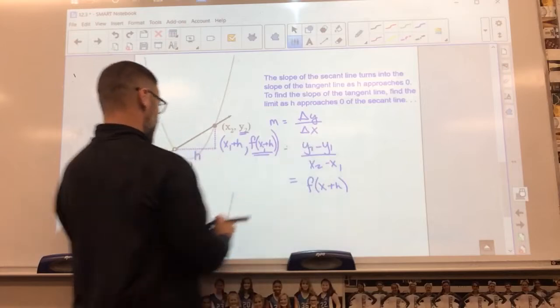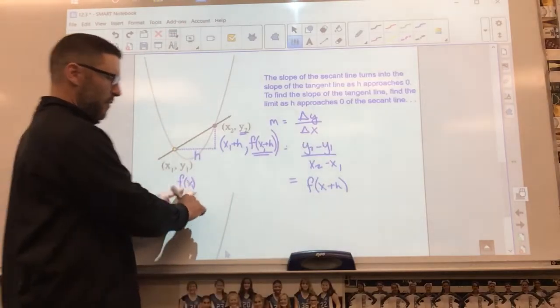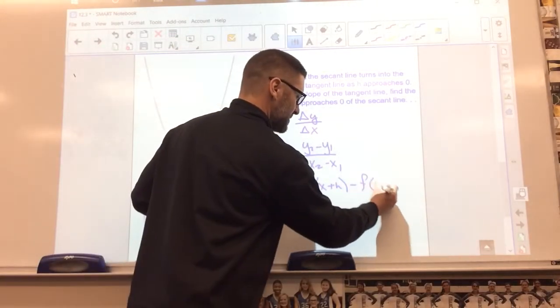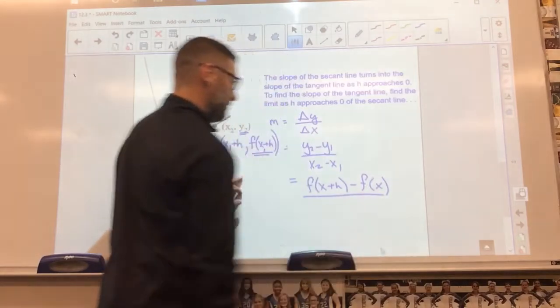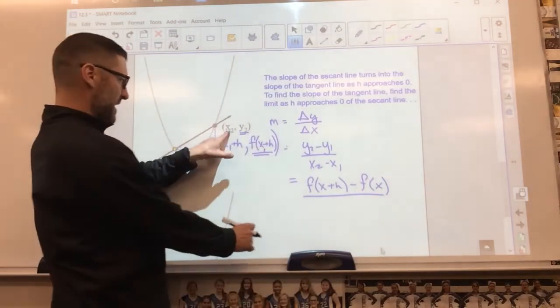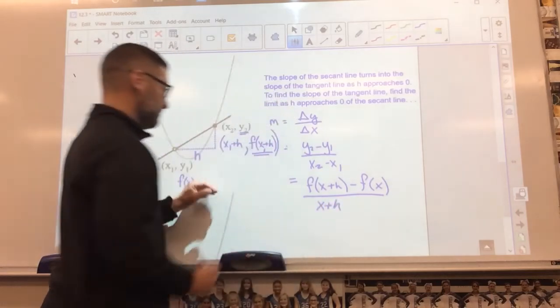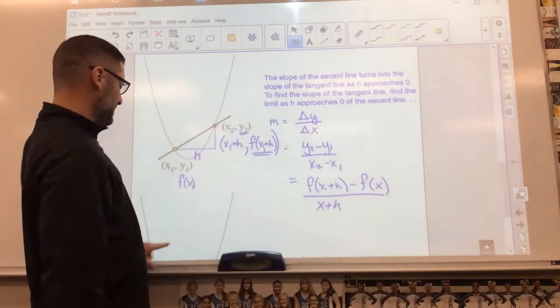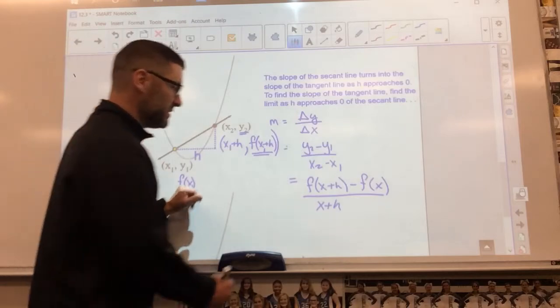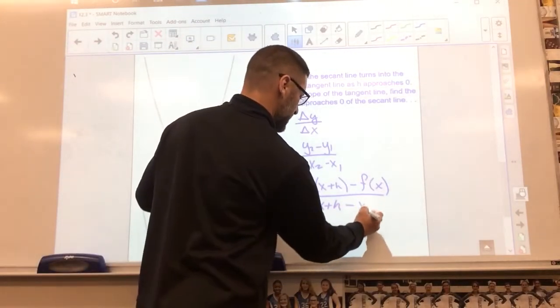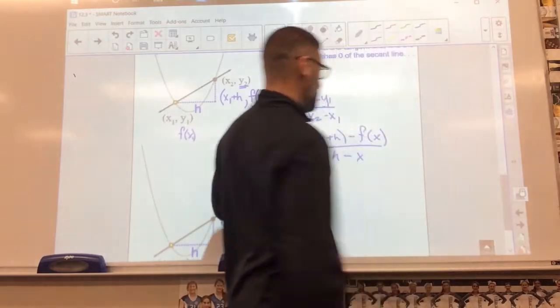minus y1. And we already said another term for y1 was f of x, all over x2. My x2 value is x plus h, and my x1 value is still x1, so minus x, or just minus x. I know I dropped the ones there.